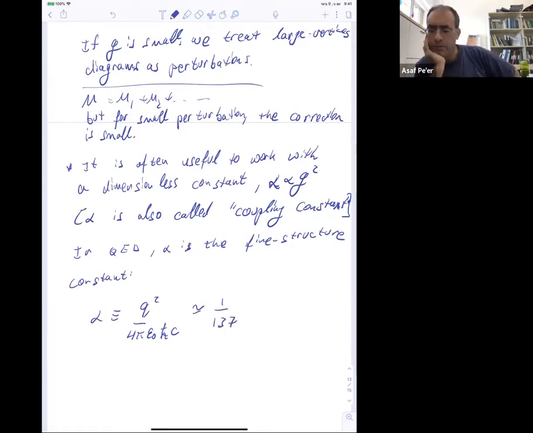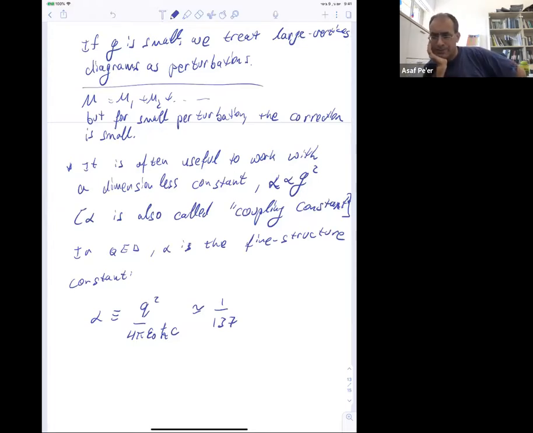So it's quite small, less than 1%. So the contribution from higher order terms would give you a correction of the order of 1% or less. That's why we can often neglect higher order Feynman diagrams.